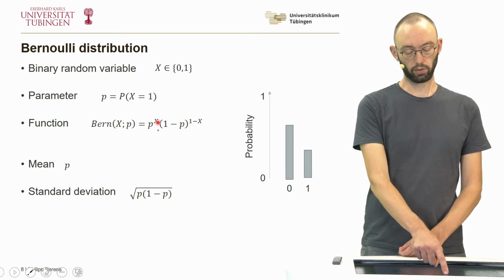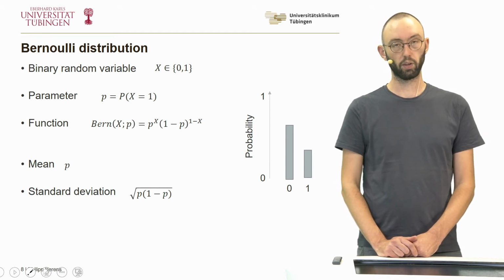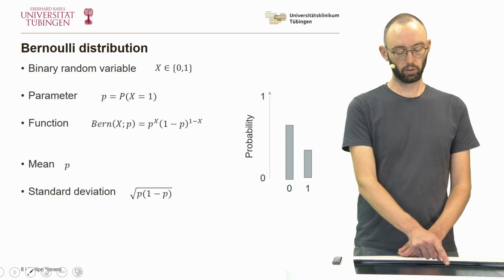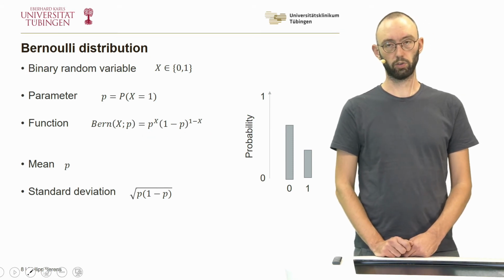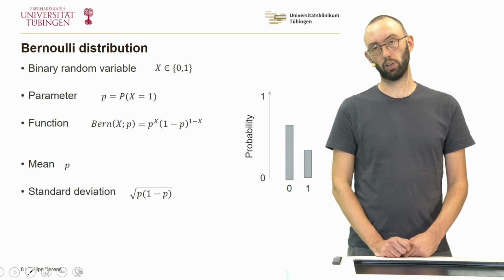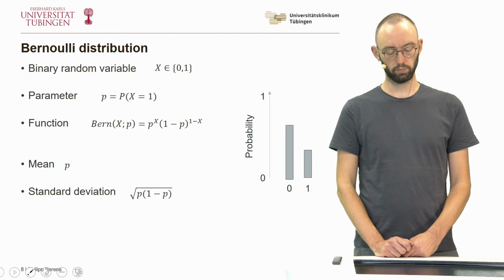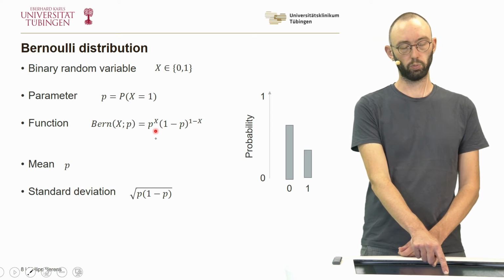Our function, the probability function, is this. It's p to the x times 1 minus p to the 1 minus x. If you think about what happens in this fairly complicated looking function, it's actually very simple. So if your random variable takes a value of 1, then this part of the equation will be p to the 1, so p.